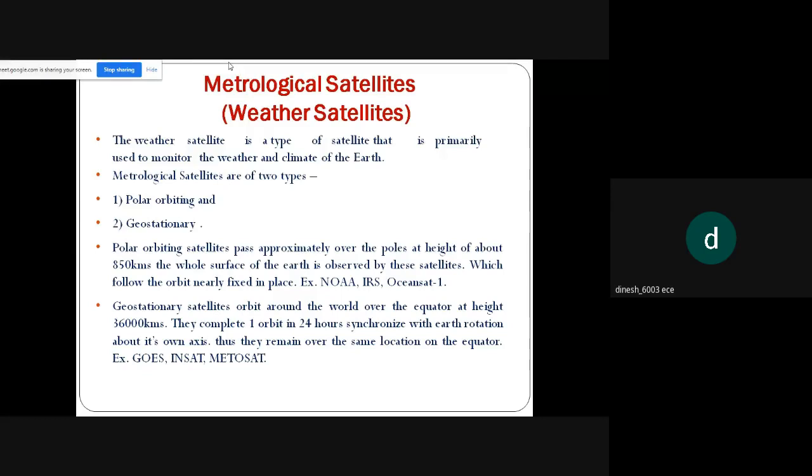Whereas in geostationary orbiting, the satellite orbits around the world over the equator at a height of 36,000 kilometers, which can complete one orbit, or one complete revolution, in 24 hours, in synchronization with the Earth's rotation about its own axis.